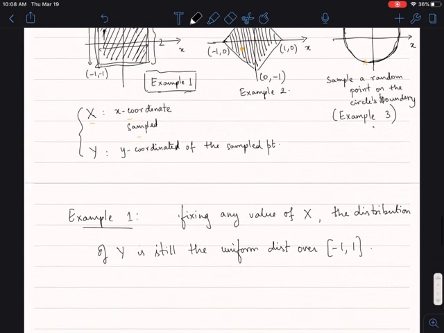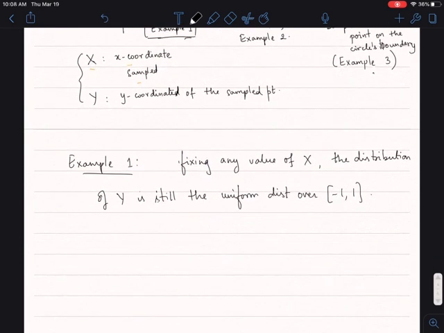So in this case, the conditional distribution, that is p_Y conditioned on x equals s for any s, is exactly the same as the uniform distribution over minus 1 to 1.